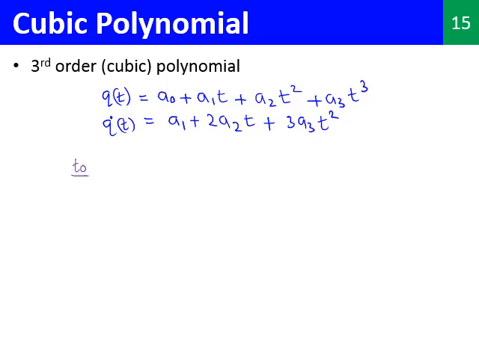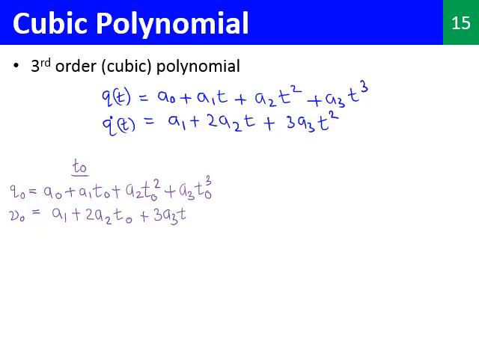At t naught, the joint position was q naught, therefore q naught is equal to a naught plus a1 t naught plus a2 t naught squared plus a3 t naught cubed, and the joint velocity was v naught, so we can write that as a1 plus 2 a2 t naught plus 3 a3 t naught squared.